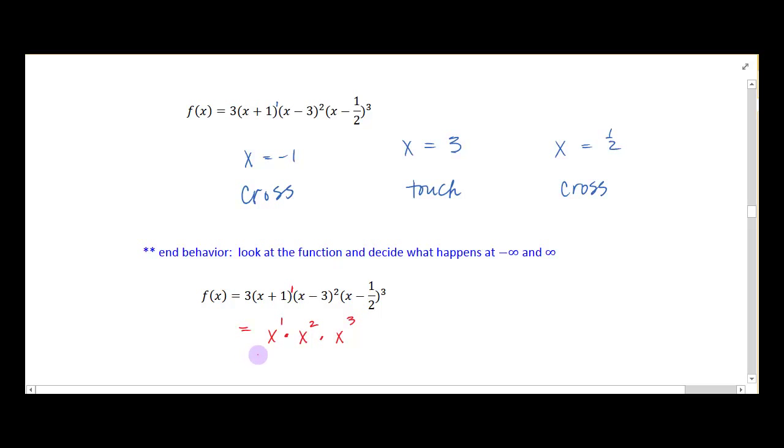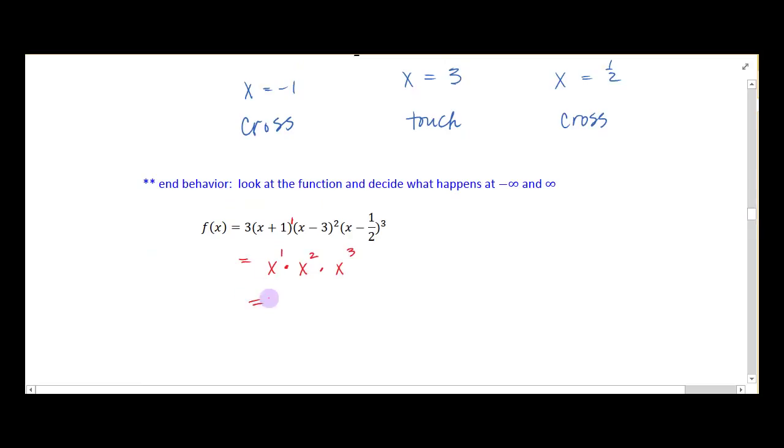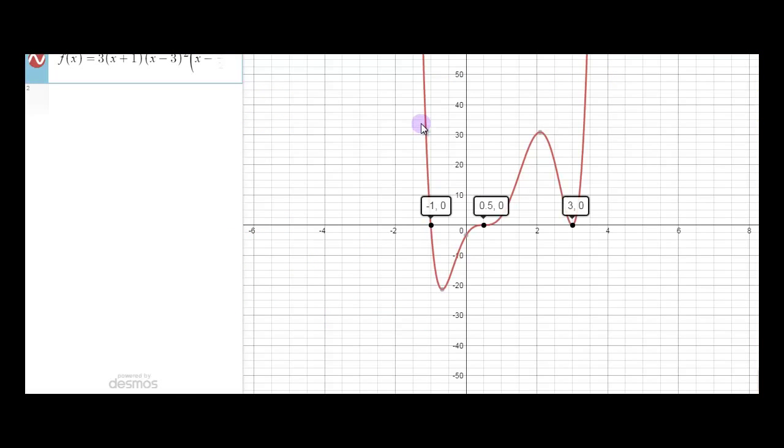And I'm going to use my rules of exponents: if I multiply and my bases are the same, then all I do is add the exponents up. So 1 plus 2 is 3, plus 3 more is 6, meaning the leading term would be x to the 6th, so this is a 6th degree polynomial, and that's obviously even, and it does support what we have found.